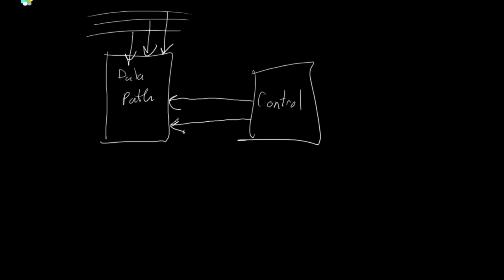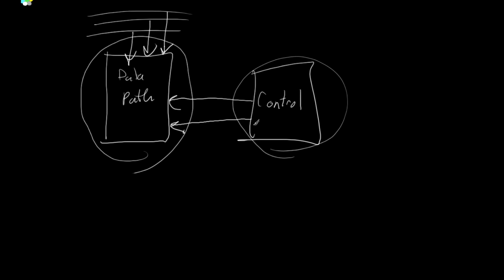So what we're going to be doing in the beginning is working on the data path, on the circuits that do the calculations, because it's more straightforward, and so it's better for a beginner topic. And then after that, we'll look into control. That's where the fun is.